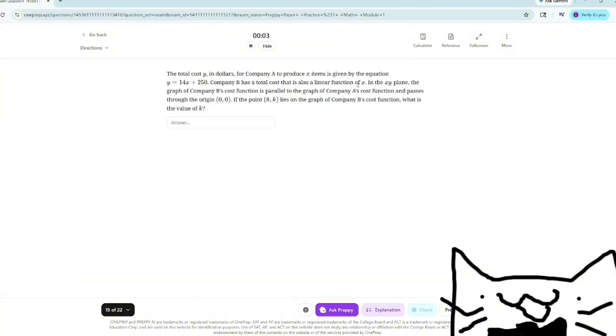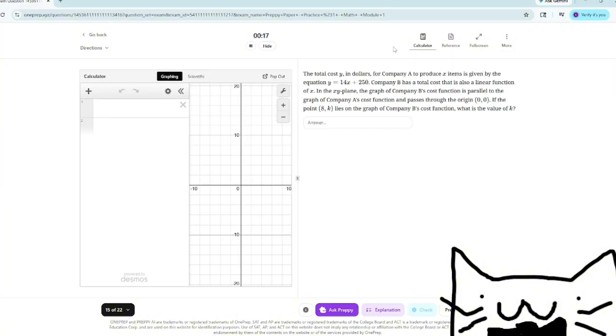The total cost y in dollars for company A to produce x items is given by this equation. So let's plug it in first. 250.